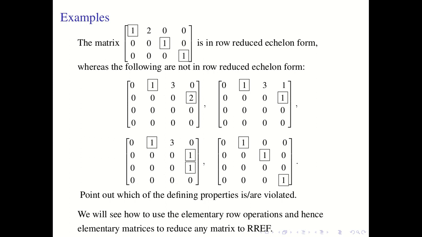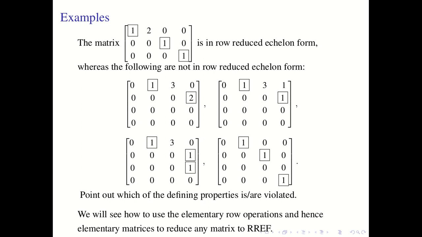Similarly, we leave it as an exercise for you to understand why each of the remaining 3 matrices are not in row reduced echelon form, and then apply elementary row operations and bring them to row reduced echelon form.